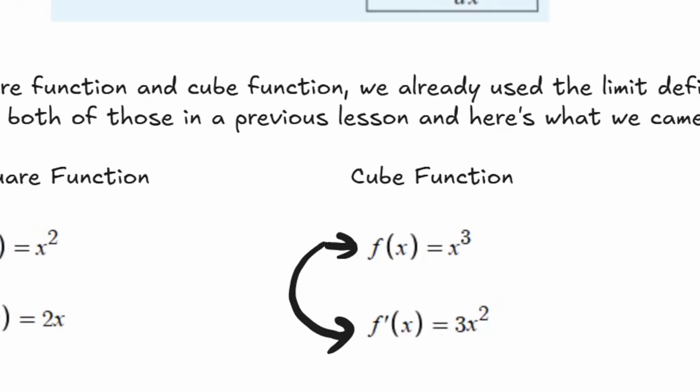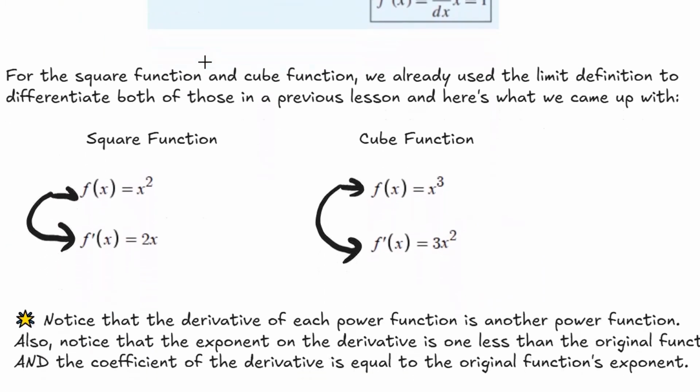You might have noticed a pattern here, and here's the pattern. The derivative of each power function is another power function. Also notice that the exponent of the derivative is 1 less than the original function. So if you look at the cube function, the exponent was 3, its derivative is 2. For the square function, the exponent was 2, its derivative, the exponent, is understood to be 1.